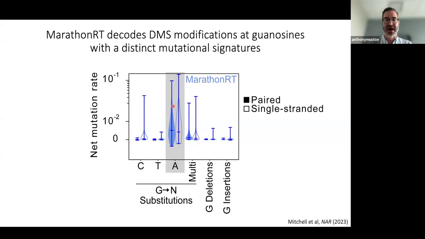All right, changing topics a little bit. What we were really struck by, even more so when we looked at this MarathonRT data, is not this C to T substitution pattern that was giving us information about base pairing, but we wondered what is going on with this surplus of G to A substitutions that had no apparent information about whether or not a base was paired versus single-stranded.